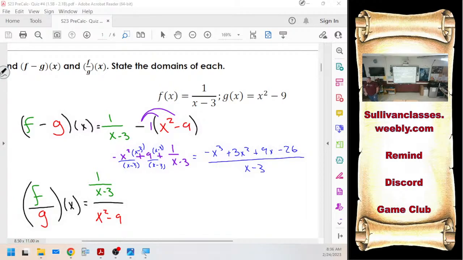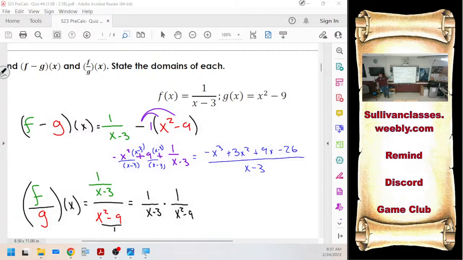When I divide by something, I really multiply by the reciprocal. So this becomes 1 over x minus 3 times 1 over x squared minus 9. Because this is all that junk over 1. So its reciprocal is 1 over that junk.